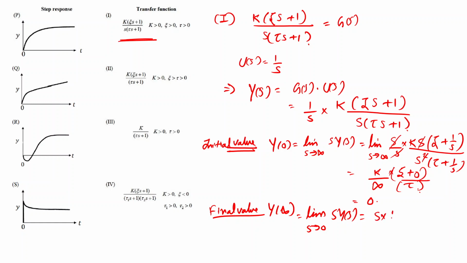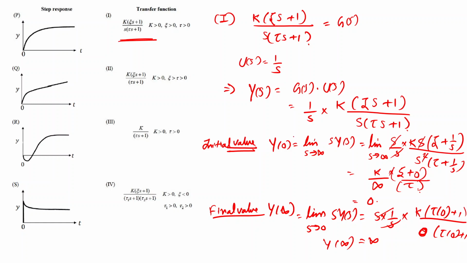That is s into 1 upon s into k (zeta s plus 1) upon s (tau into 0 plus 1). This will get cancelled out. So over here we will have 1 upon 0, that is basically infinity. So when time t tends to infinity, the value of the output will also keep on increasing. That is basically we don't have a bounded output.